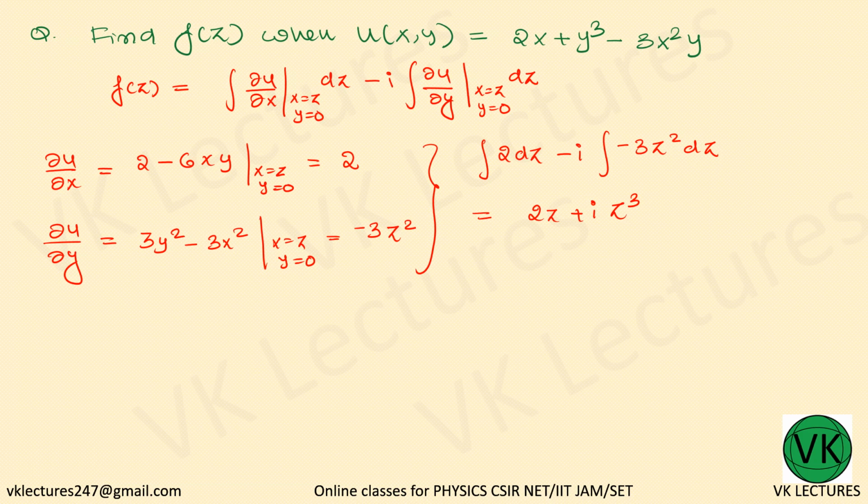So 2z plus i z cube is equal to f of z. If you want the real part, u of z is equal to 2z and v of z is equal to z cube.